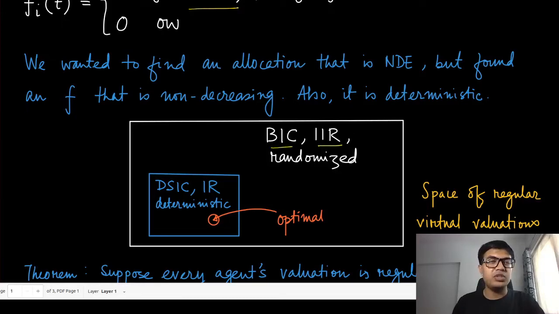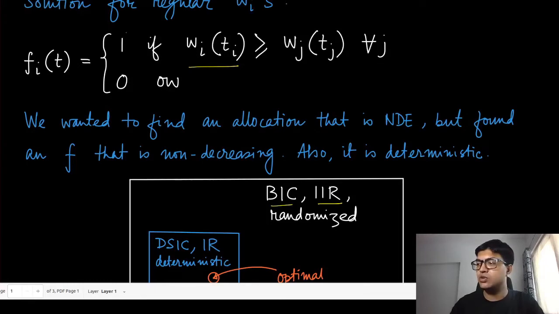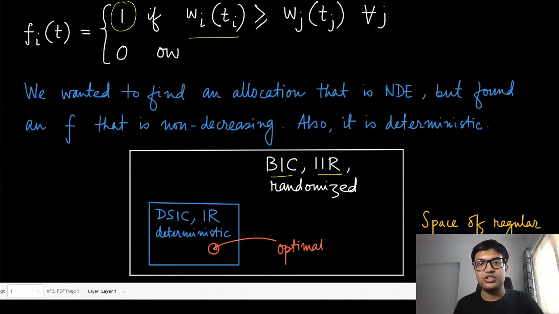But with this assumption of regularity, what we actually found is a mechanism which is deterministic. It is deterministic because we are either allocating the whole object to that agent or nothing at all. It is individually rational. So this is not interim individually rational. For any distribution, any prior, this is going to be individually rational.